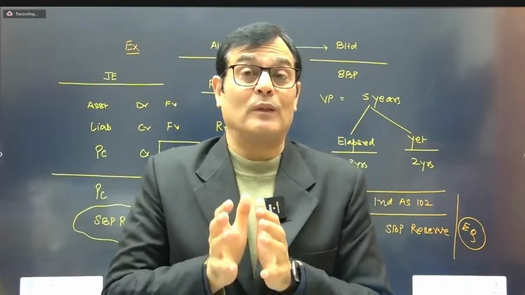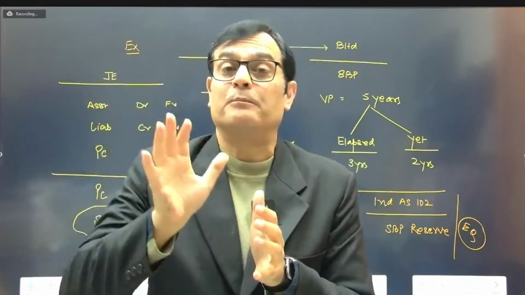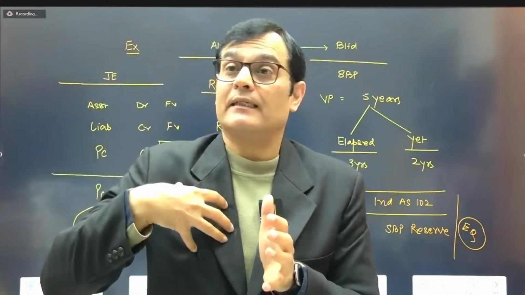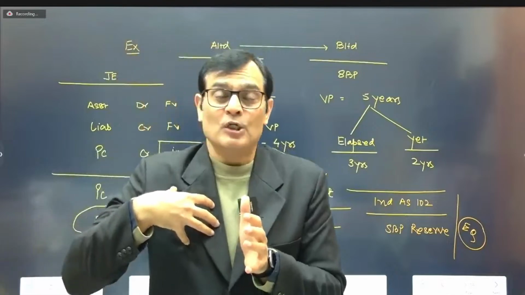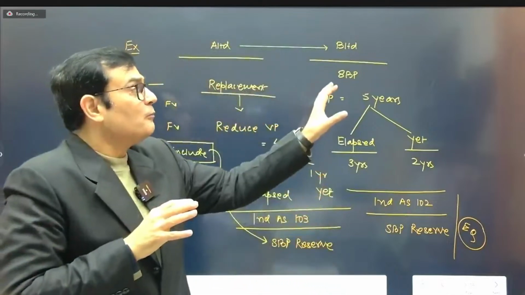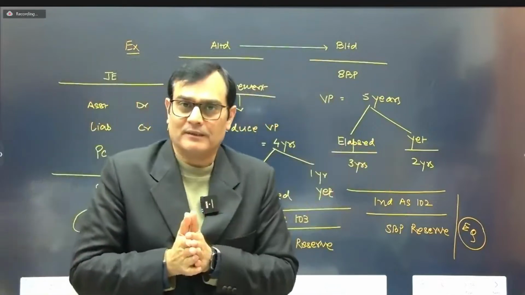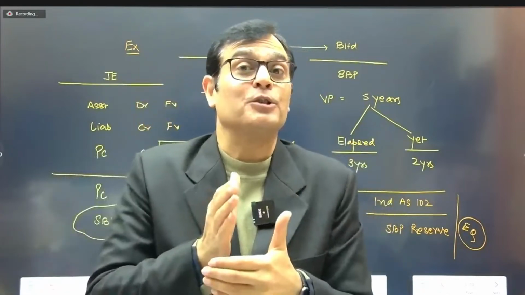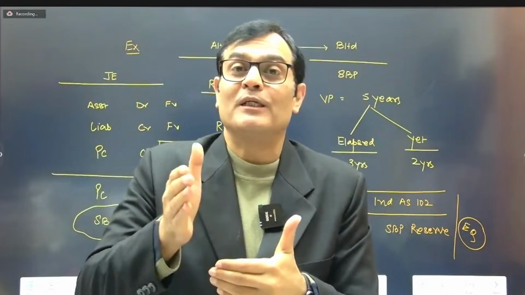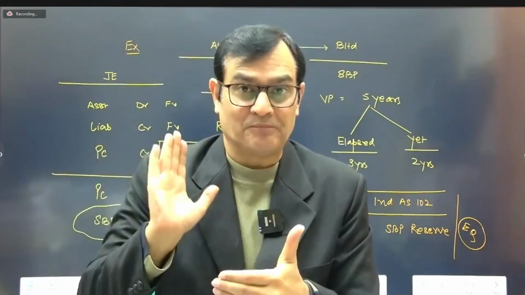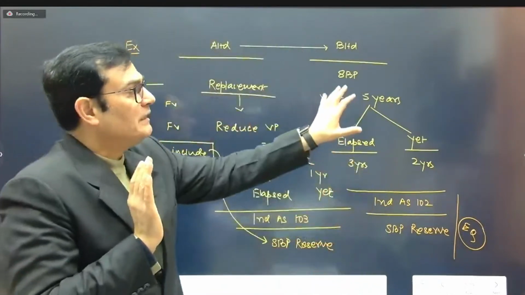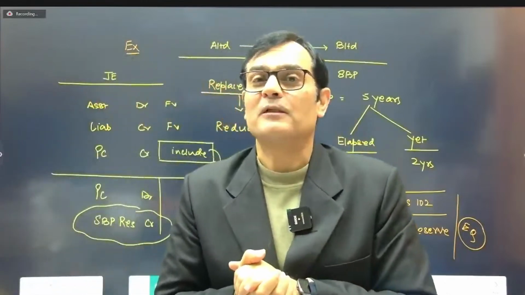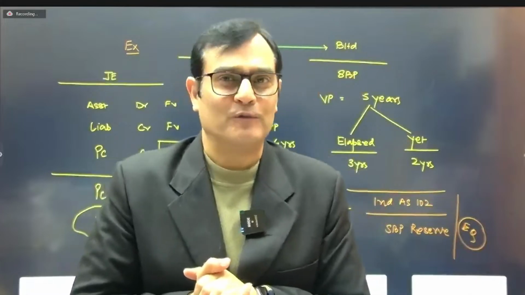But you need to understand that once A is going to get control over B, every action of B which is going to affect A, A is the decision maker. So we cannot say that I will not allow B to issue further ESOPs to the employees. Though it is my subsidiary, I would take care of my vested interest as well. I would ensure that B doesn't do anything where I lose control over him. So, all said and done, B will get the right to take decisions, but the ultimate authority is going to be with the parent because he has got control over B.